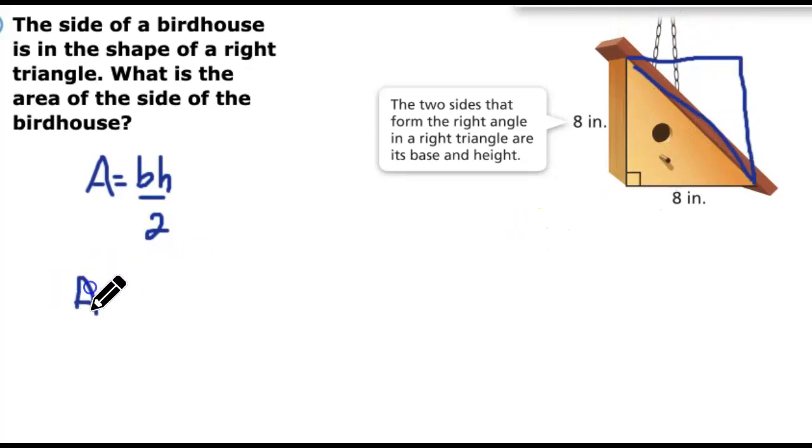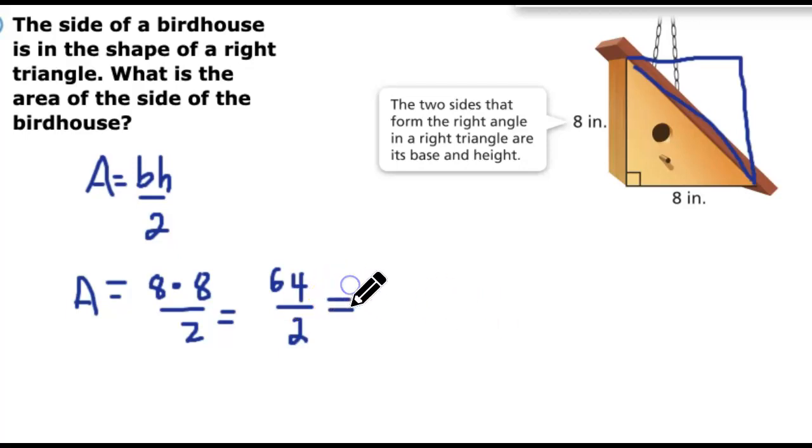So now the area will be 8 times 8, we divide it by 2. And we know that 8 times 8 is 64, and we divide it by 2 again because we're only taking half of the entire square. And we all know that 64 divided by 2 is 32.